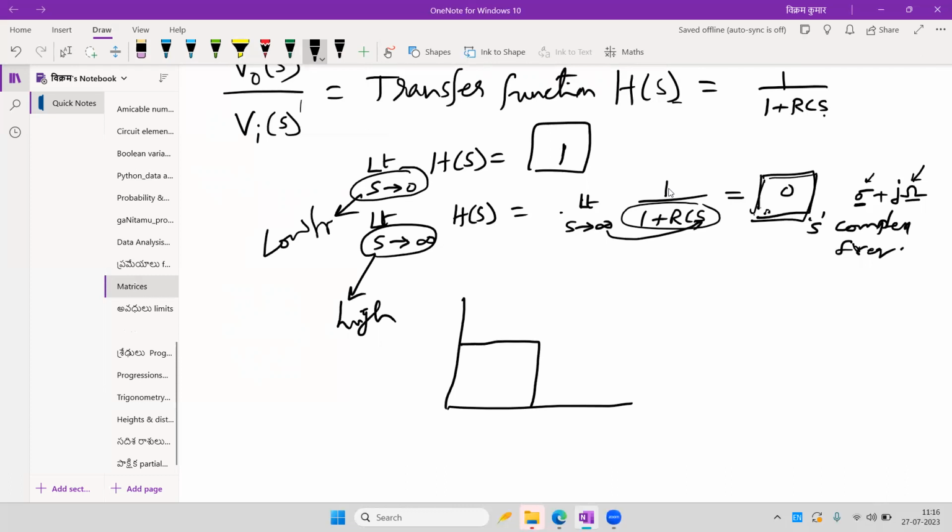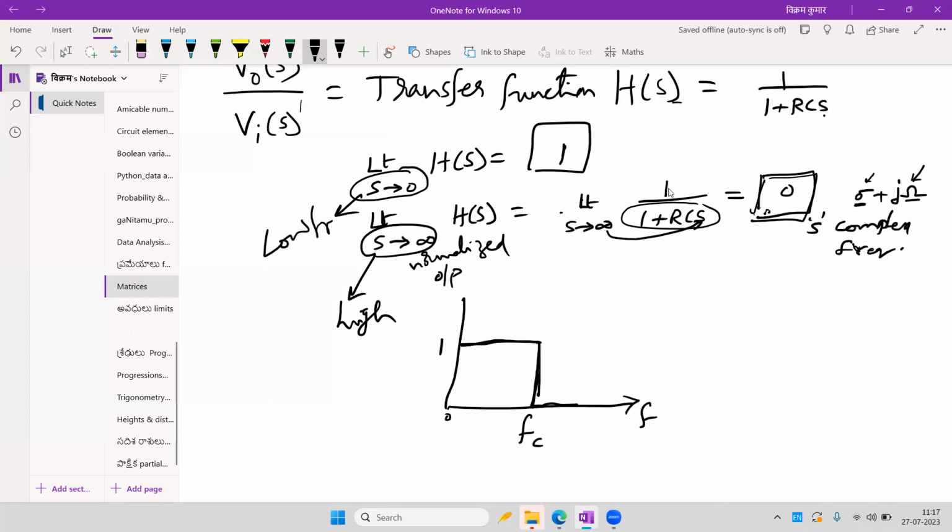So this circuit diagram is a low pass filter, cutoff frequency is FC suppose, and this is the normalized output. Ideal filter will have this kind of characteristics. Perfect one means normalized value, and perfectly it will become 0 after FC.